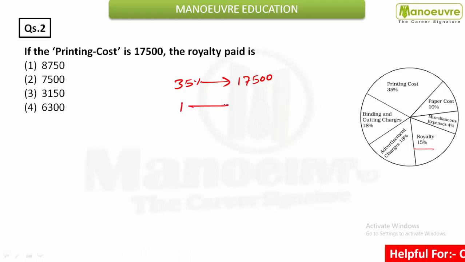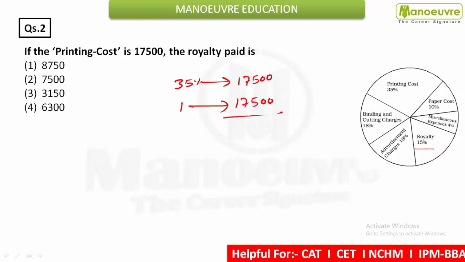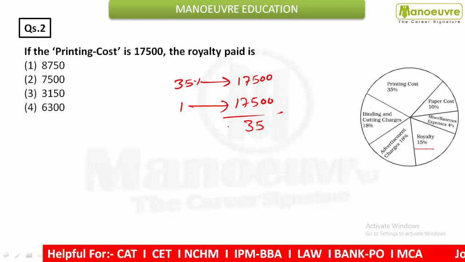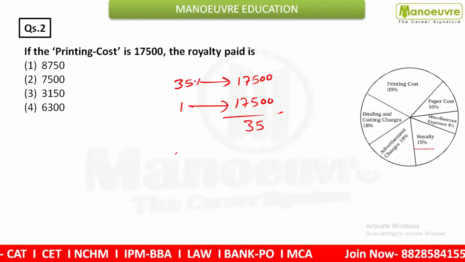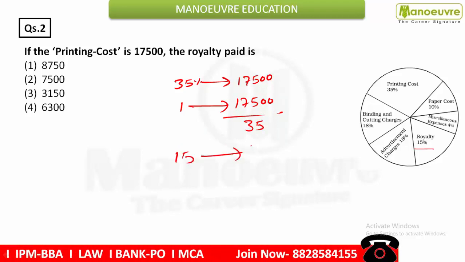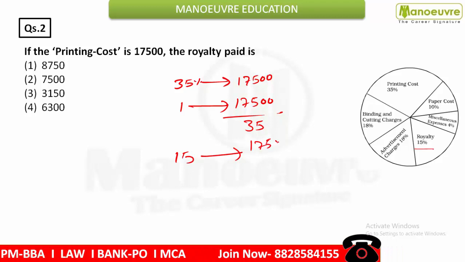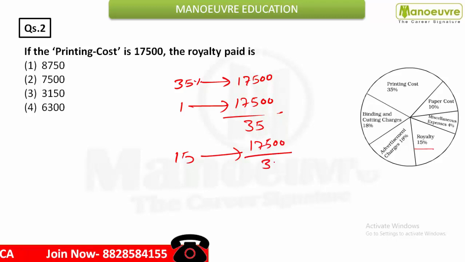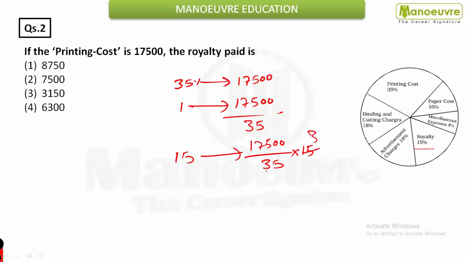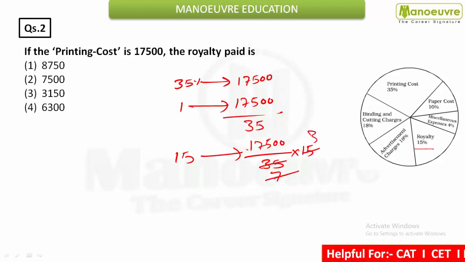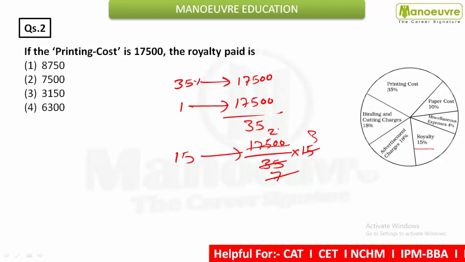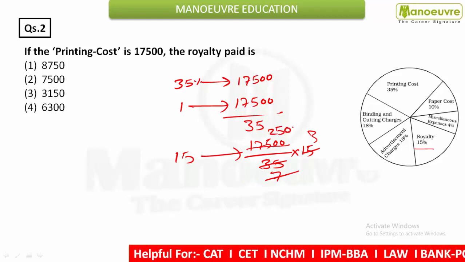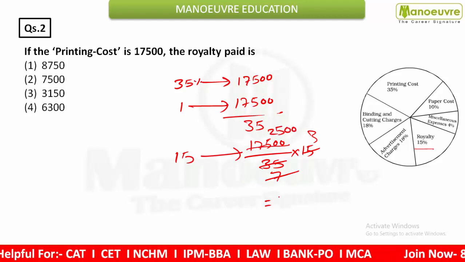So I can say 1% will be 17500 upon 35, and you have to find the cost of 15%. So I'll multiply 17500 upon 35 with 15. Okay, so 5 3s are 15, 5 7s are 35, 7 2s are 14, 7 5s are 35, and 00, and you will be left with 7500.